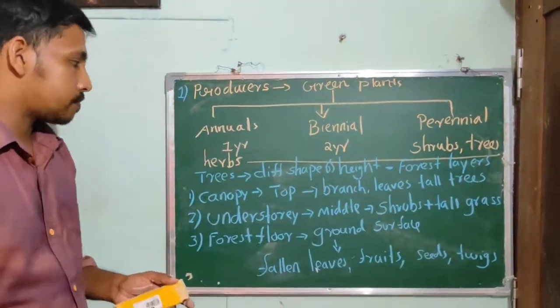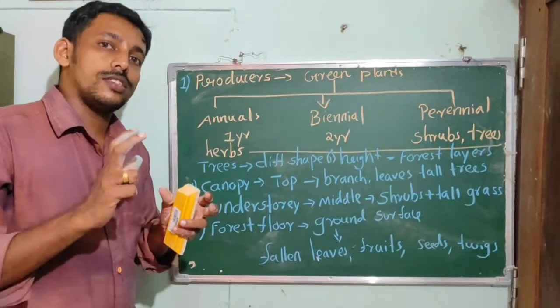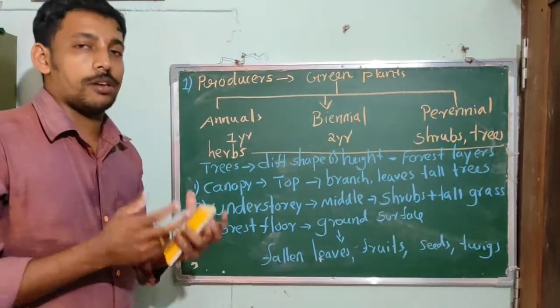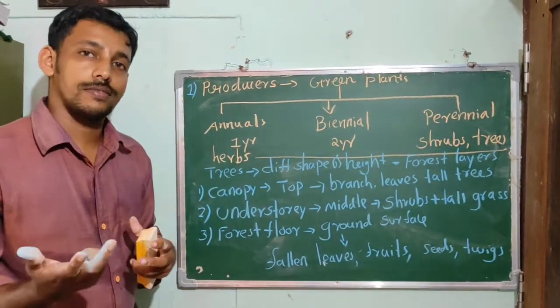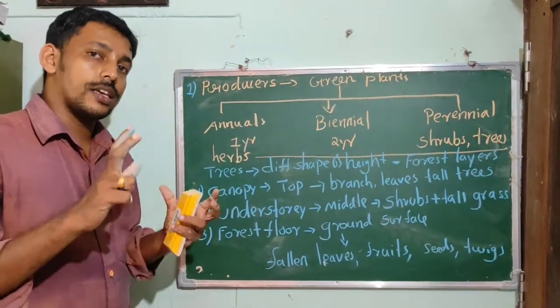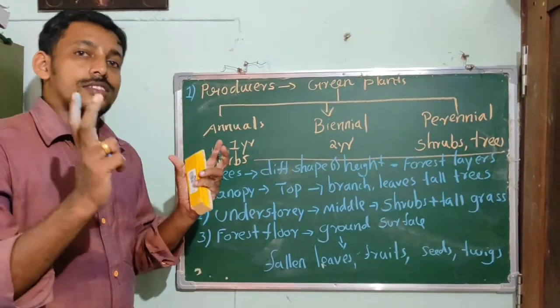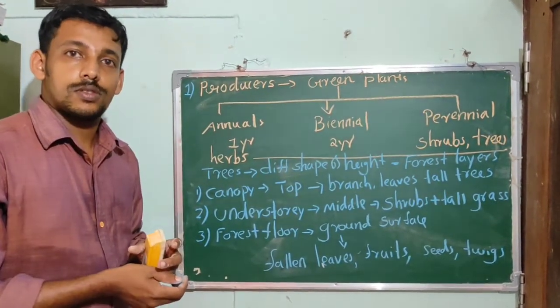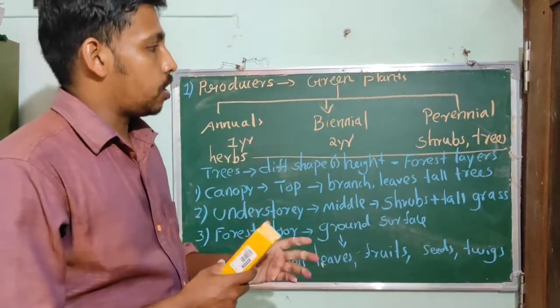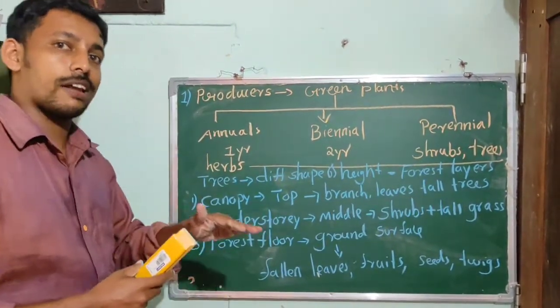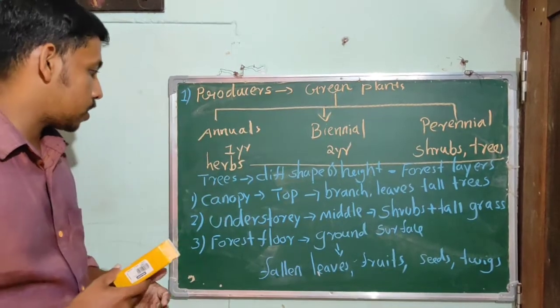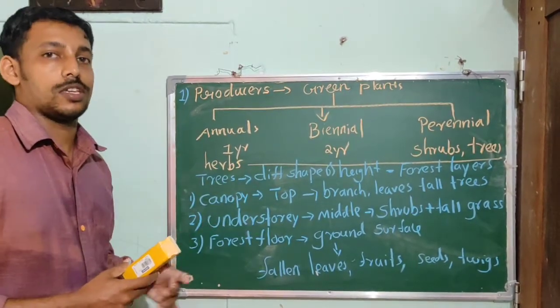In a forest, the trees are of different shape and size, and their height is also different, so they form layers in the forest. These layers are commonly known as the forest layers. So three layers can be seen.